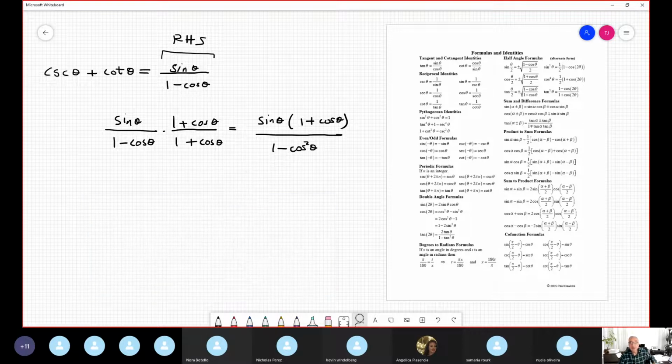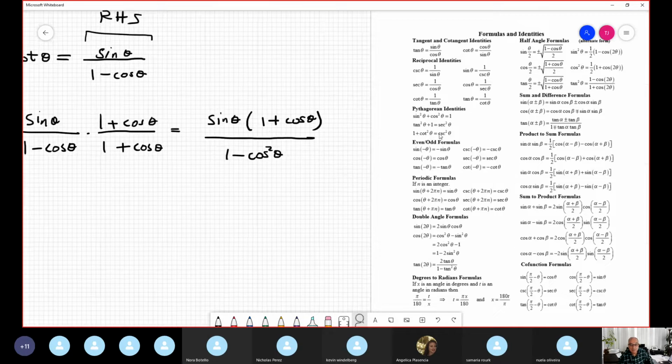Okay, so again, I'm using this identity. This guy is sine square, correct? Yes, it is sine square.